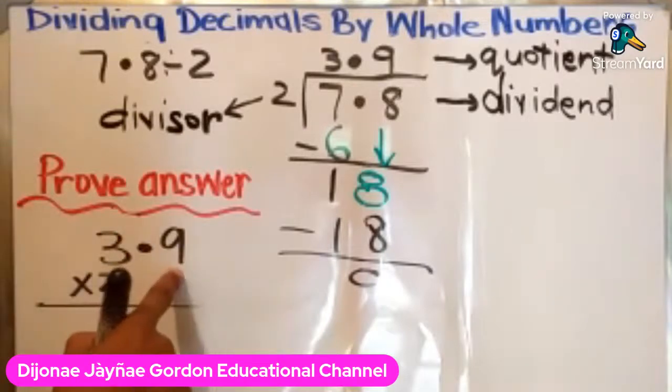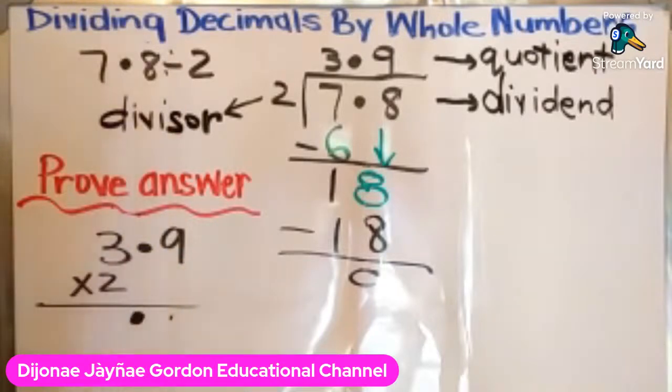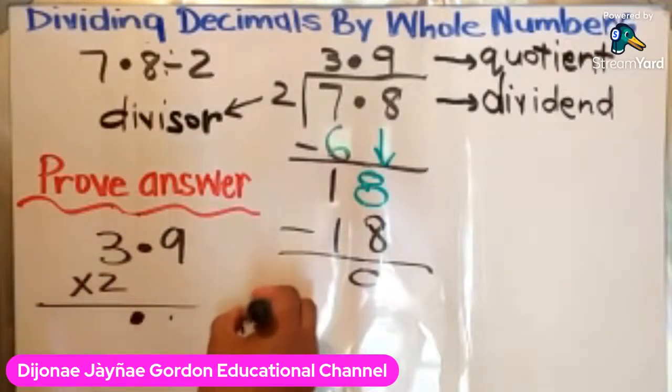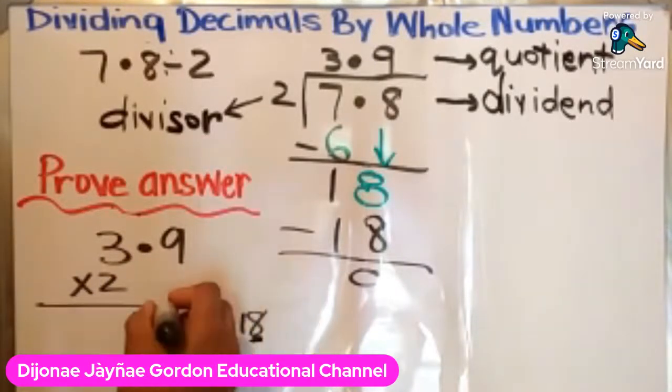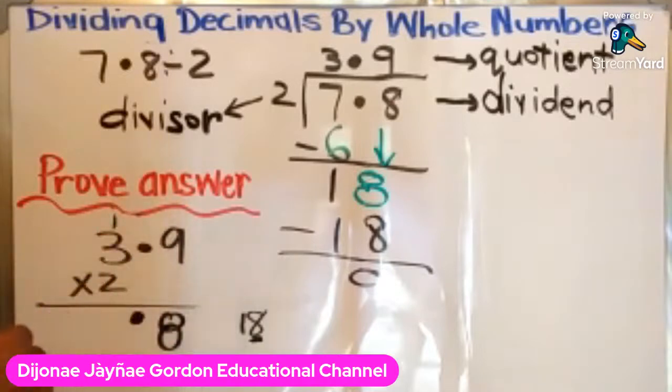Check to see how many digits are after your decimal place. And of course, we have 1, so I'm going to put 1 point right there. And of course, 9 multiplied by 2 is 18. 18 is a 2-digit number. Put the digit in the 1's place down, which is the 8. And of course, you're going to carry the digit that is in the 10's place over to the 1's column. Yes?